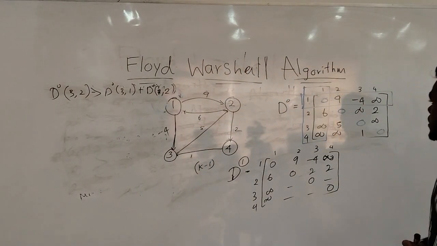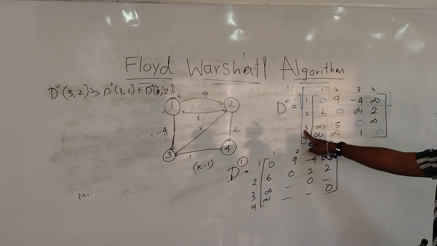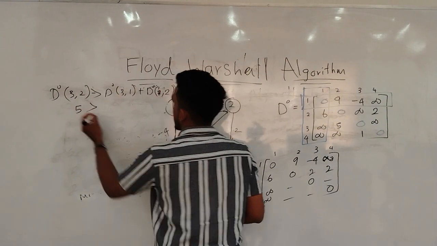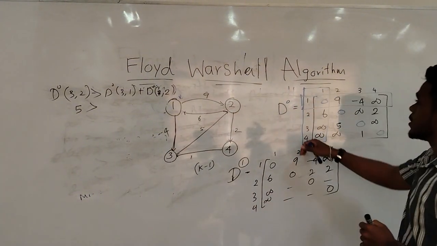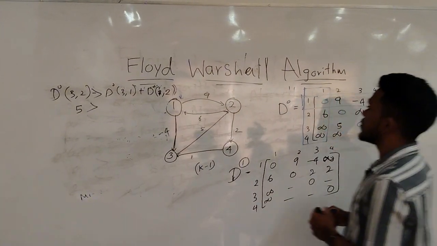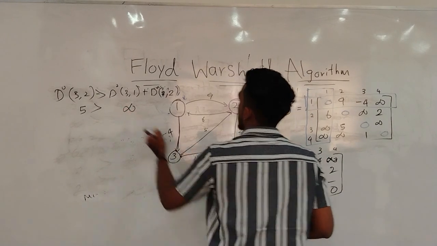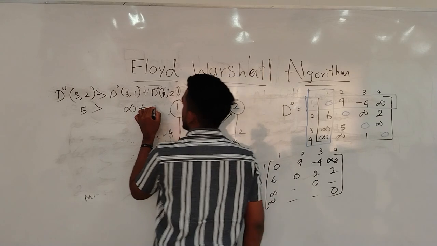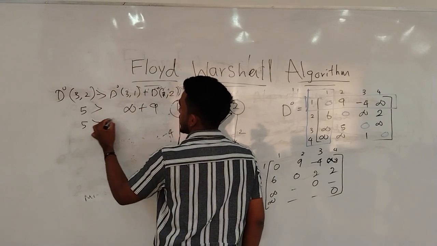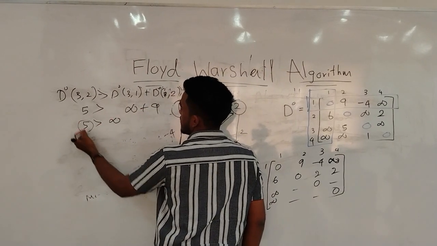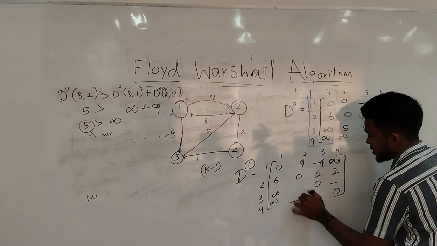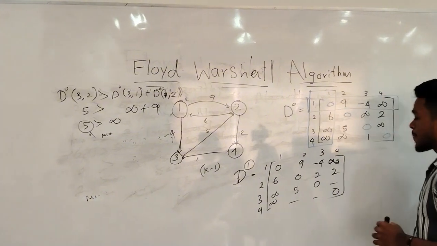D naught 3 to 2 is 5, compared with D naught 3 to 1, which is infinity, plus 1 to 2, which is 9. So 5 is less than infinity. The minimum is 5, so the answer here, the total distance, is 5.